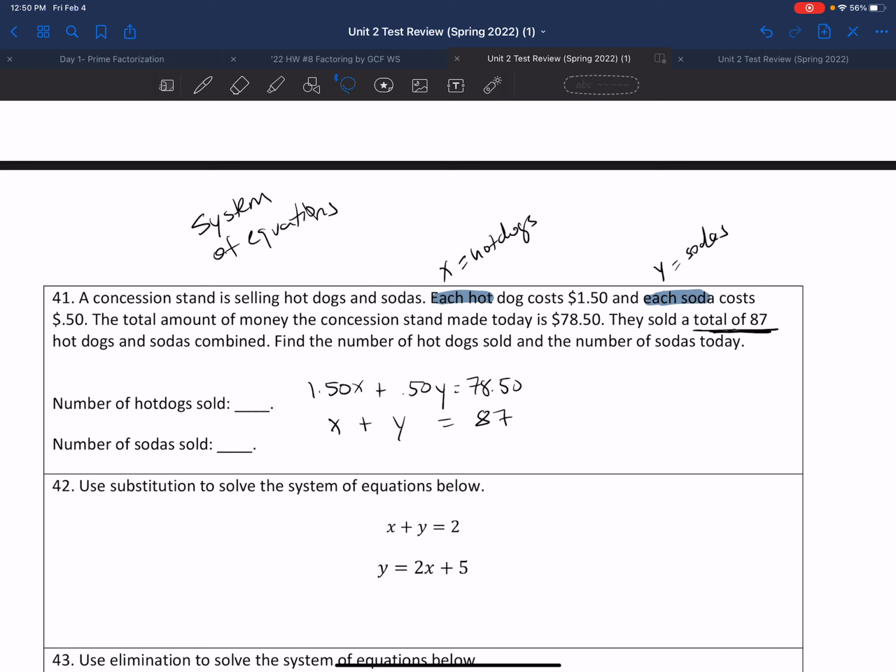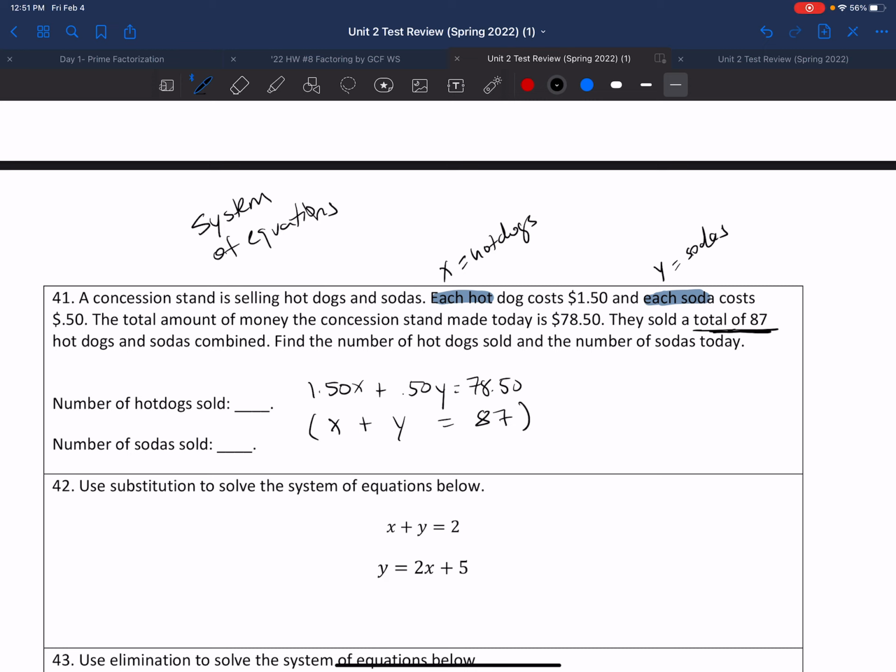I want to get rid of this x, because it doesn't matter what you want to get rid of. Whatever looks easy, but I don't know which one looks easy. It kind of looks the same to me.